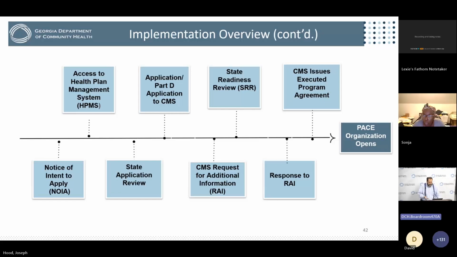And then we do the state readiness review. At the same time, you might be responding to the RAI. And then CMS would issue an executed program agreement. At that point, your PACE center would open. And again, all this will be available if you need to tick off information.